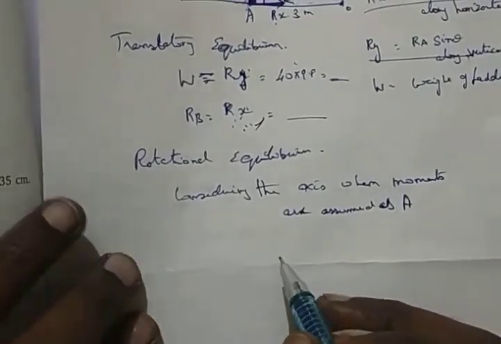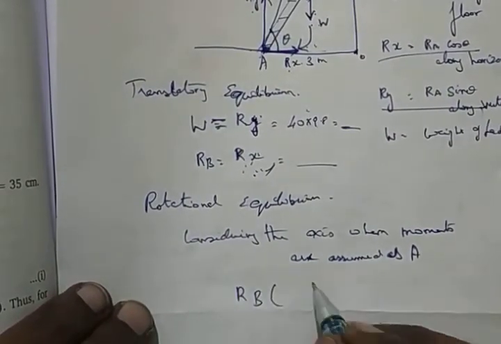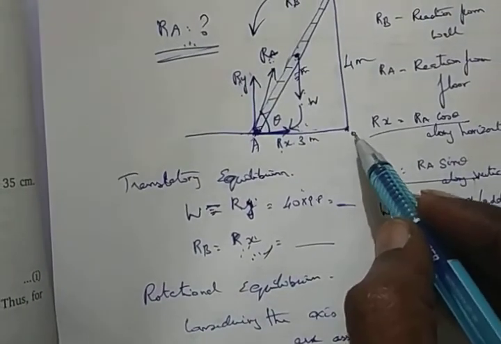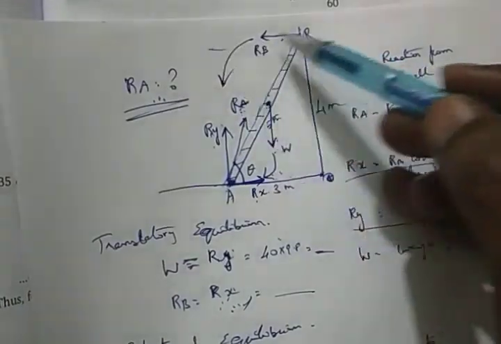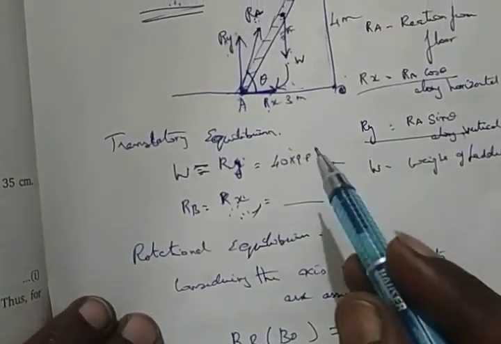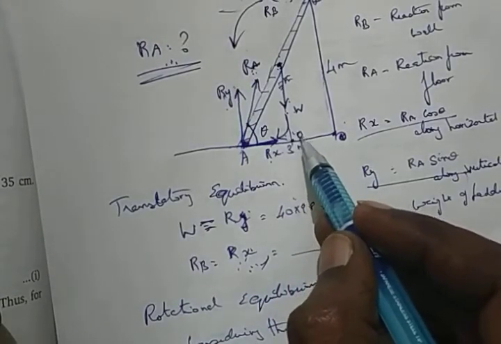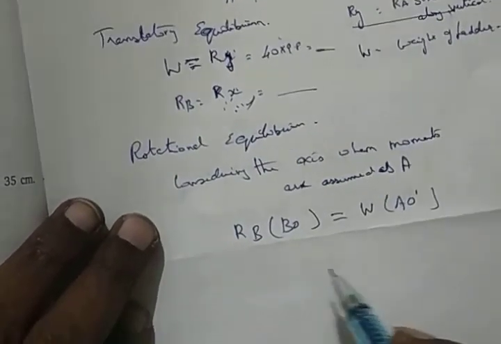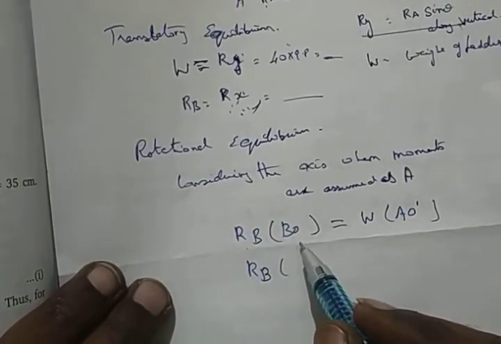So we'll go ahead now and say RB into BO, is going to be equal to W into this distance, which I can consider as AO dash. What is BO?